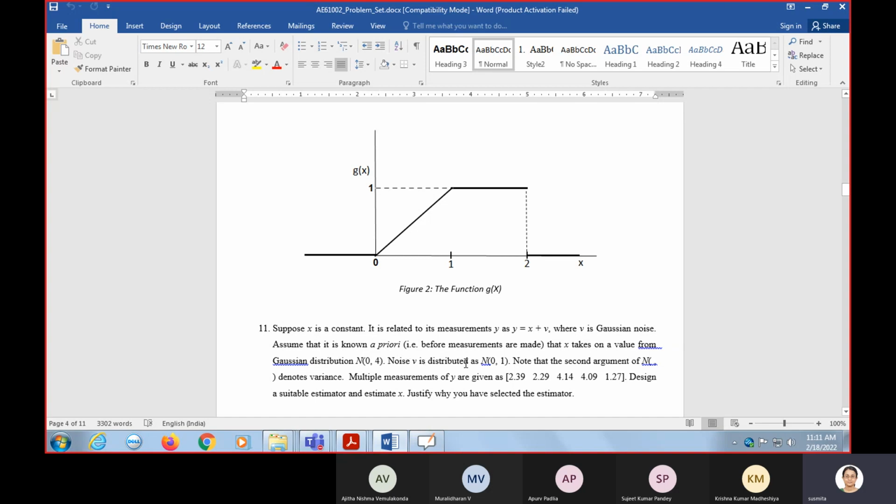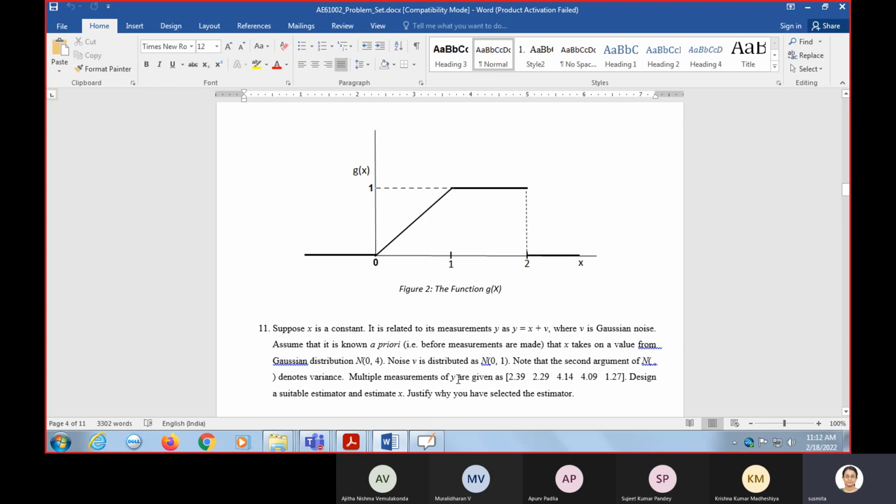Noise v is distributed as, so the prior information is given about x, that it is Gaussian distributed with 0 mean and variance 4. Noise v is distributed as this, so it has 0 mean and variance 1. Note that the second argument of N denotes variance.